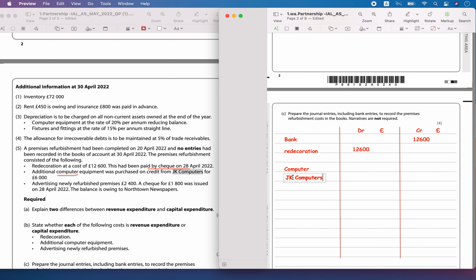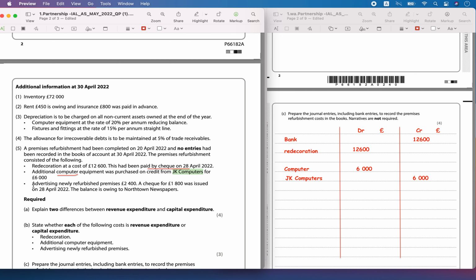So you are going to put computer equipment I purchased, 6,000, it came into the business. And JK Computers we are liable to pay, so I'm going to put 6,000 on the credit side. We have to pay.